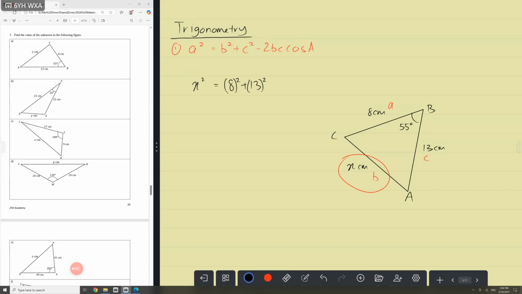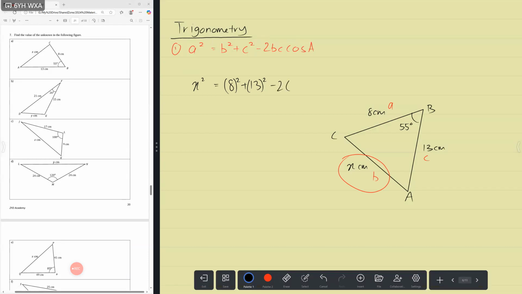And then minus 2 of 8 and 13, followed by cosine A. The angle A here is the opposite or corresponding to the length a. So in this case, the angle opposite the length x is 55 degrees. Therefore, it is cosine 55.